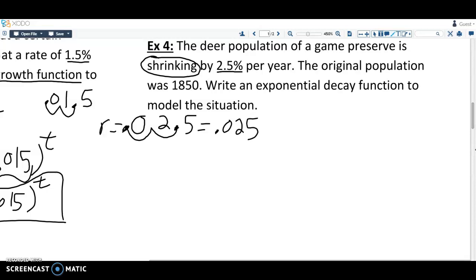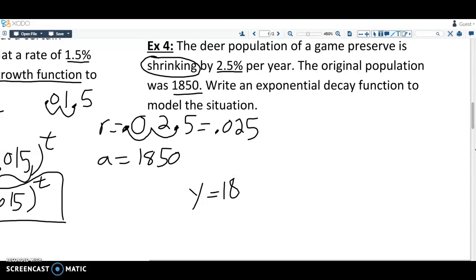The original population was 1,850. And so I'm left with my A value being that. Right? And so if you are somebody who studies the population of animals, zoologists, or if you are like a game warden, these kinds of equations are important.